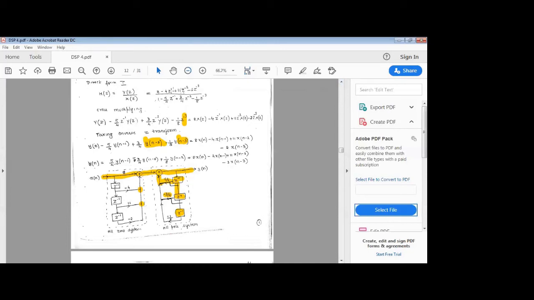Then minus 4 is multiplied with the first delay element, 11 with the second delay element, and minus 2 with the third delay element.